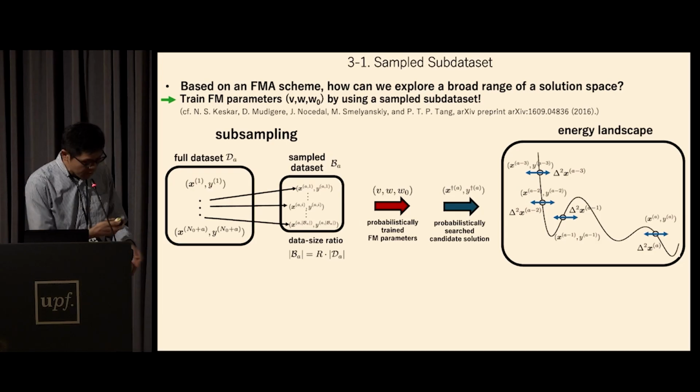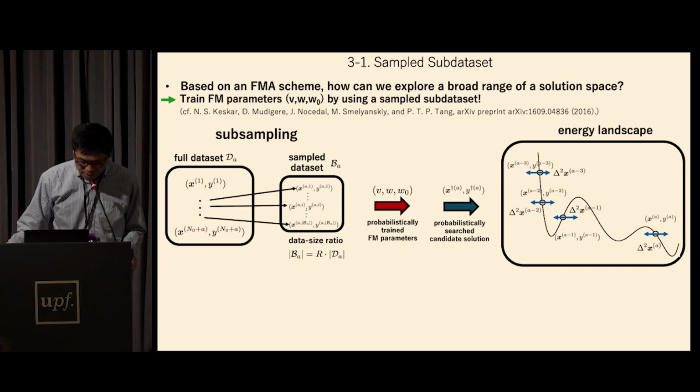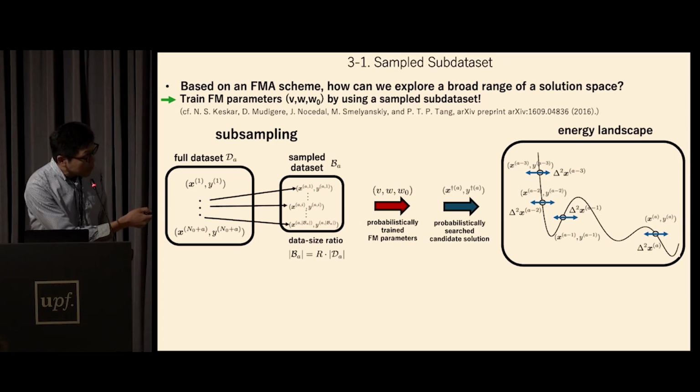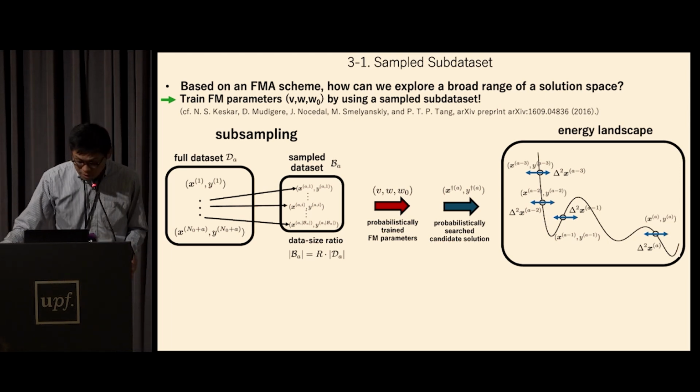In contrast, in our scheme, we don't do this, and instead we use subdata sets sampled from the full data set to train the FM models. By doing this, we are able to train the FM parameters or models probabilistically. This means that the optimal solutions of the FM models are found probabilistically.